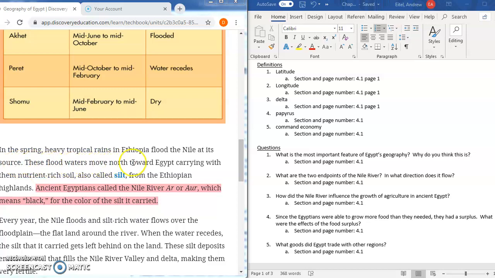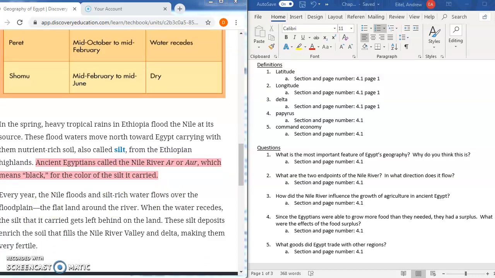These floodwaters move north toward Egypt, carrying with them nutrient-rich soil, also called silt, from Ethiopian highlands. Ancient Egyptians called the Nile River Ar, which means black, for the color of the silt it carried, as we went over in class. Every year, the Nile floods and silt-rich waters flows over the floodplain, the flat land around the river.